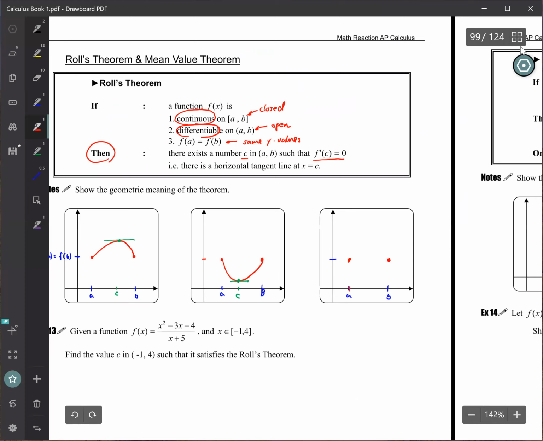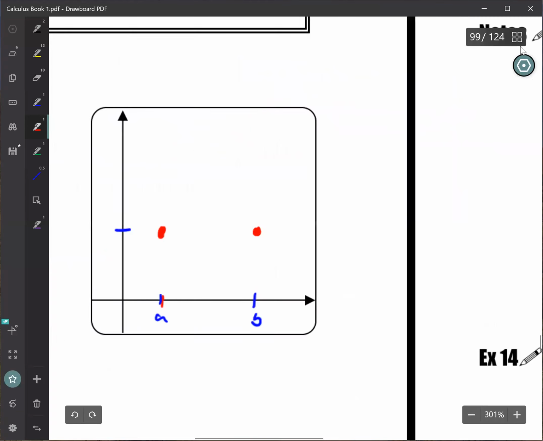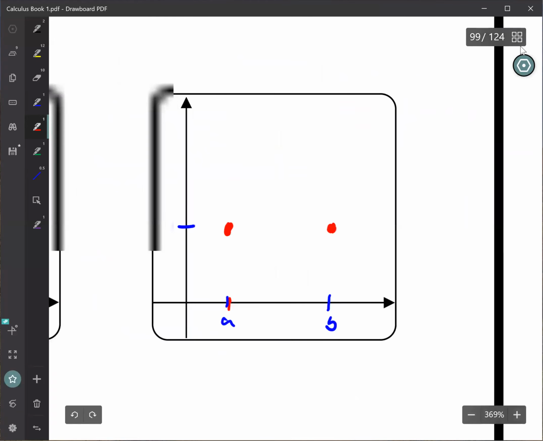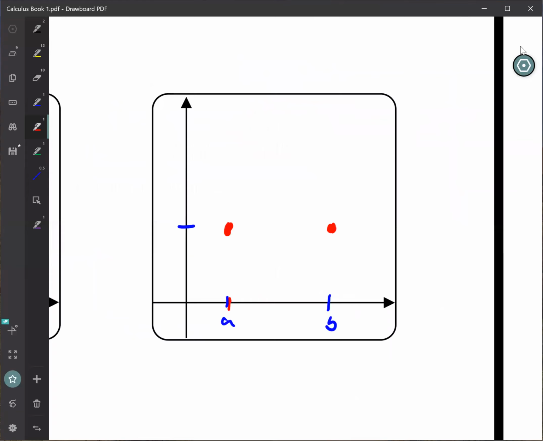Sometimes you could have more than one c, more than one place. So how can I make a graph that has that? Let's say we want to have two of them. Does anyone want to draw it? How do you make a graph that has more than one place where the slope is 0? Do you want to try?